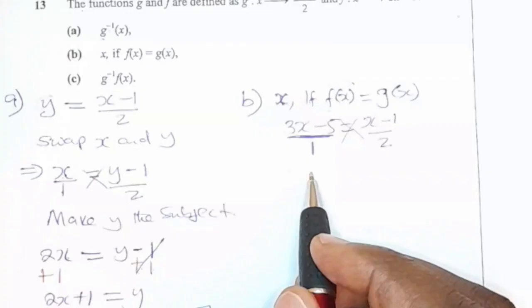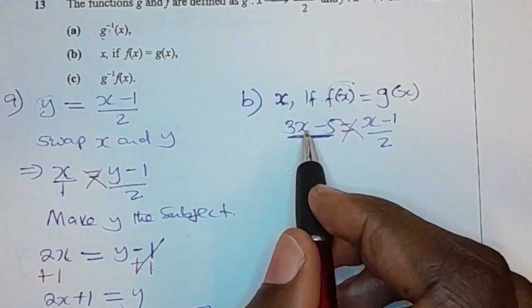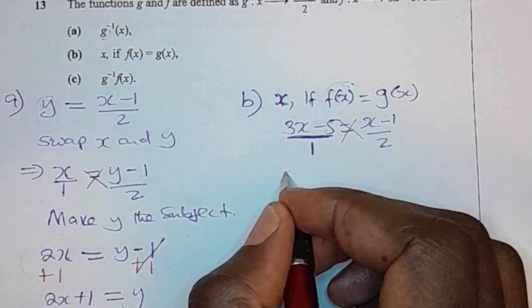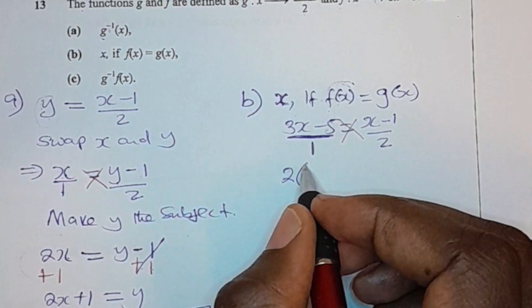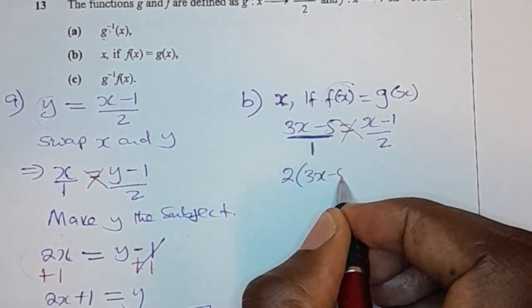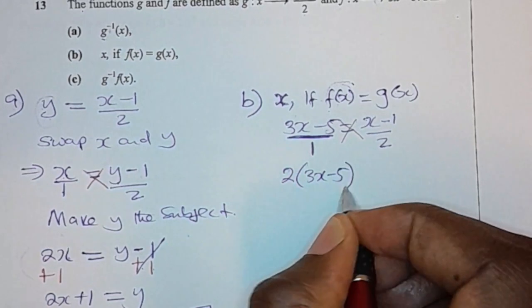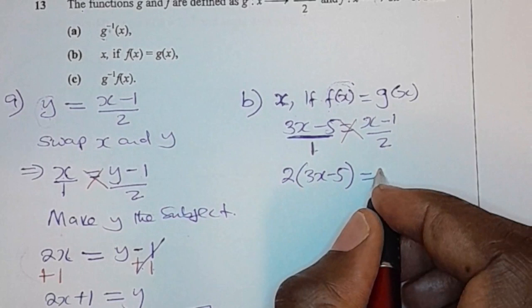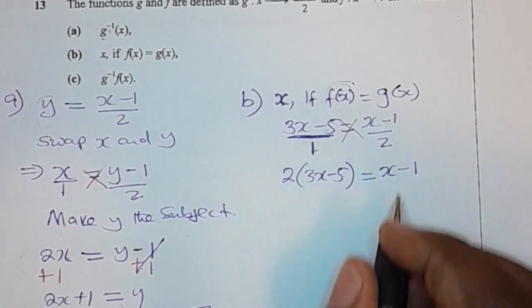So we have 3x minus 5 times 2, which we can write as 2 times (3x minus 5), is equal to 1 times x minus 1, which is x minus 1.